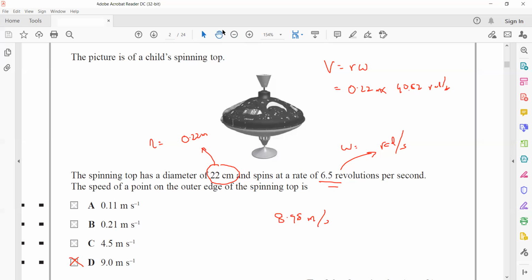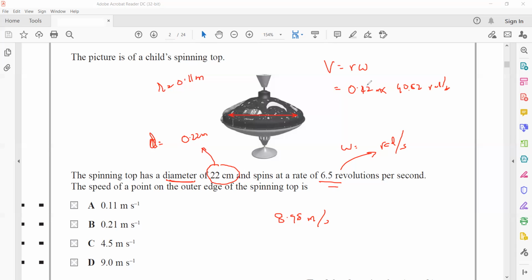And there's a small mistake here because in the question they mention a diameter, but I took it as a radius. So if diameter is 22, then the radius will be half of diameter, which is equal to 0.11 meter.